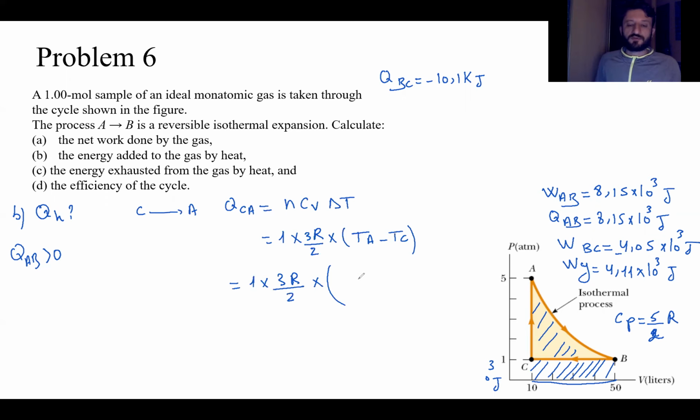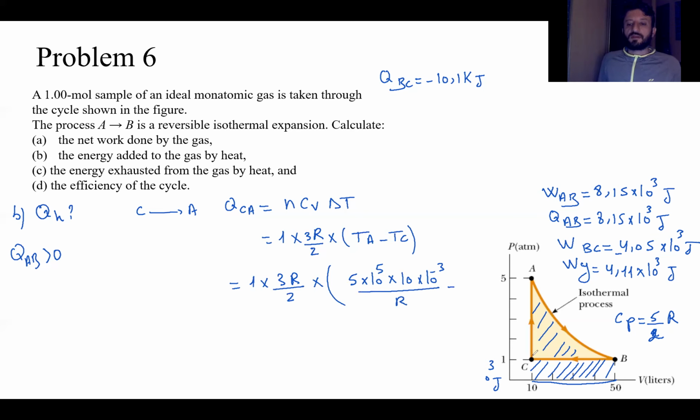TA equals PA VA divided by nR. We can say PA times VA divided by R minus TC.